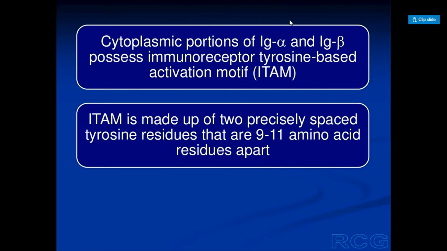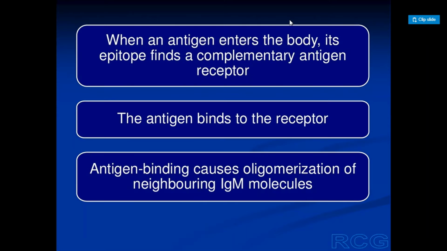The cytoplasmic portion of the Ig alpha and Ig beta possesses the immunoreceptor tyrosine based activation motifs, which is called the ITAM. This ITAM is made of two precisely spaced tyrosine residues that are 9 to 11 amino acid residues apart.